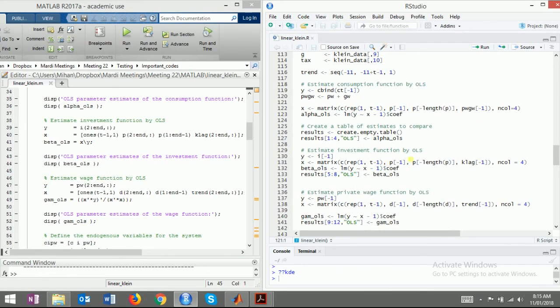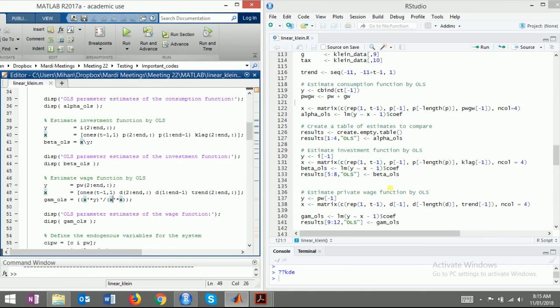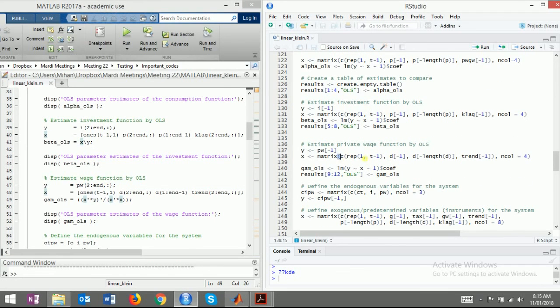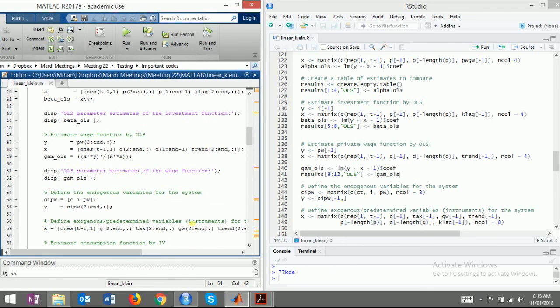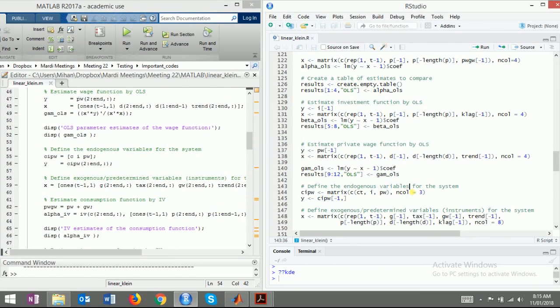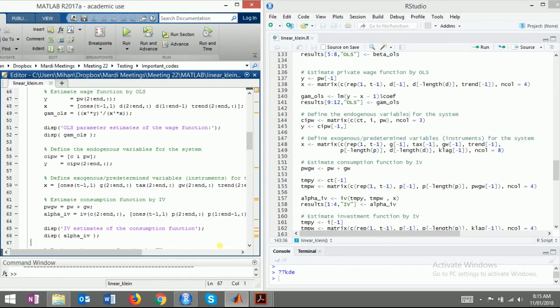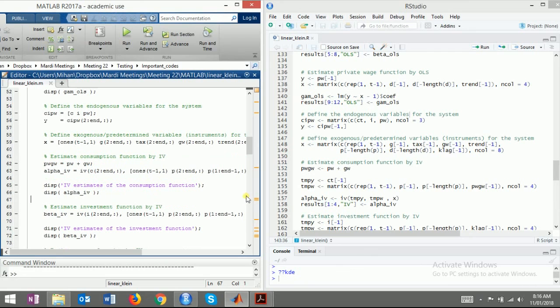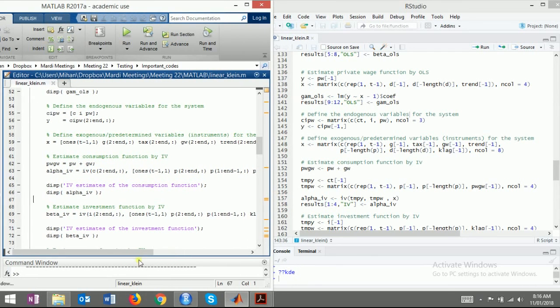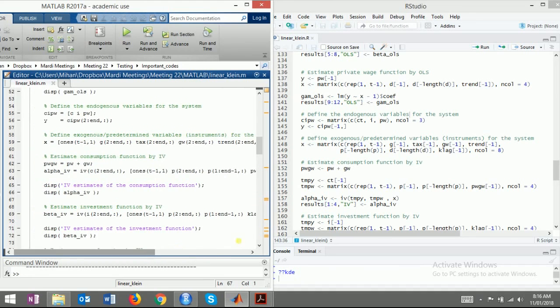Create a table, wage function by OLS, again same thing. Replicate first row, last row, first row. Wage function, define what the system is. Okay, estimate consumption function by IV. If you just call IV, it will automatically run.